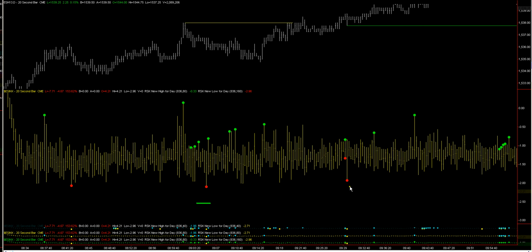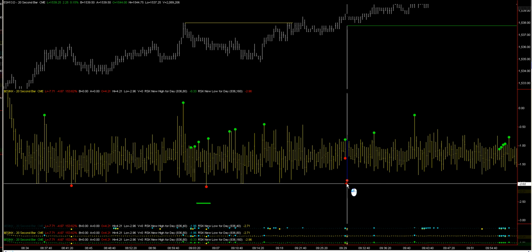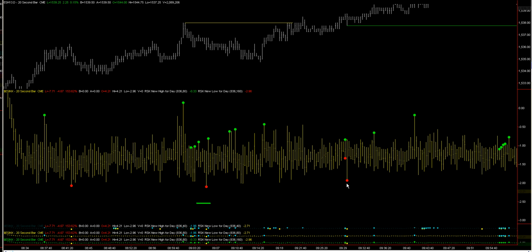All right. Now, we said that that is a predictive bar on the premium so long as there was no lower low on the premium than it was right here. That low, negative 1.93.